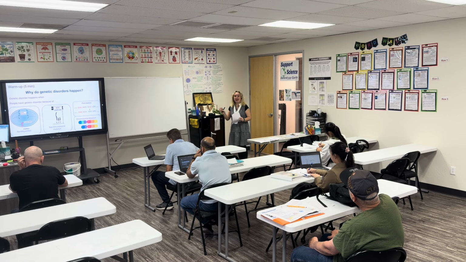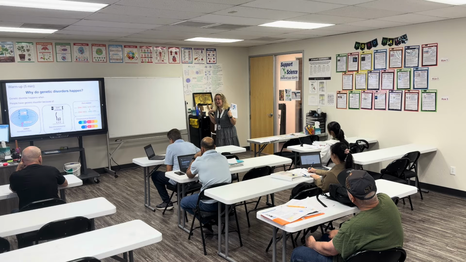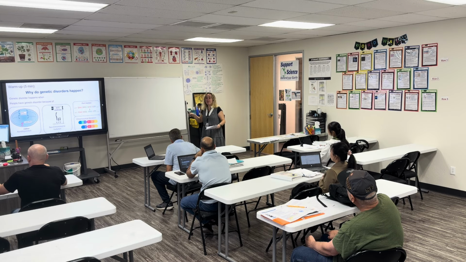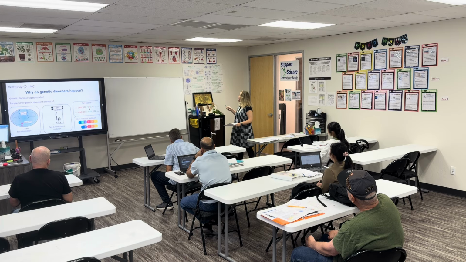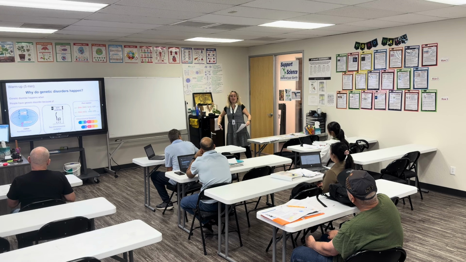So we have some types of mutation that can be passed. This mutation is already in your DNA and you pass it to your kids. Some mutations cannot be inherited. If this mutation happened in meiosis, like non-disjunction, you do not pass it to your kids. It already happened during meiosis.